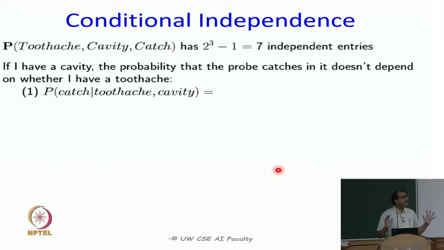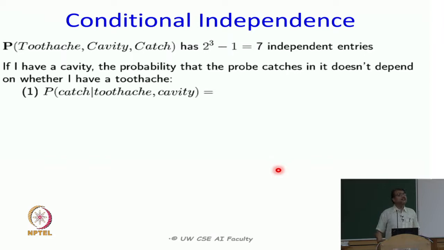Do you understand the question? This is a very important question. This is the way you are going to ask the question. If you do not ask the question like this, you will get confused. So, by additionally knowing that the person has toothache, does my belief in catch change if I already knew that they have cavity? And it does not, because actually catch does not depend on toothache.